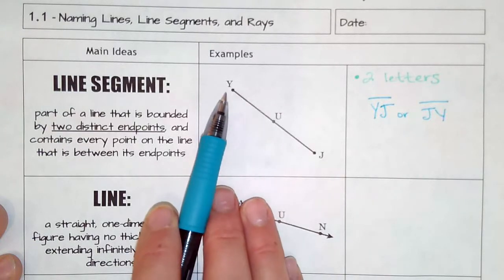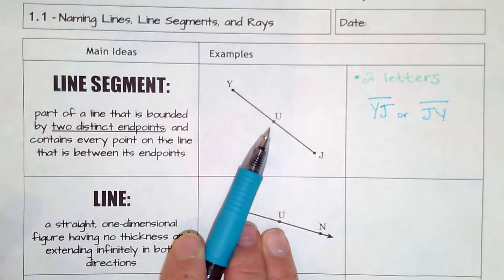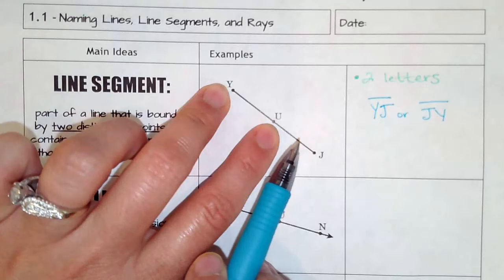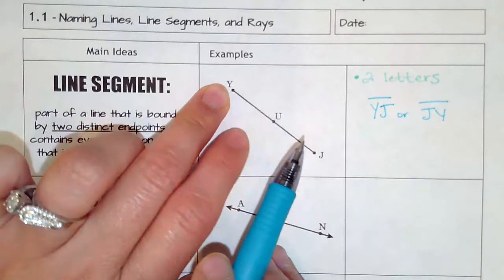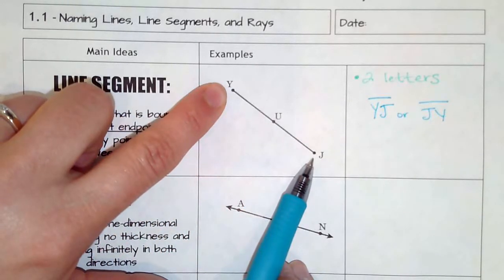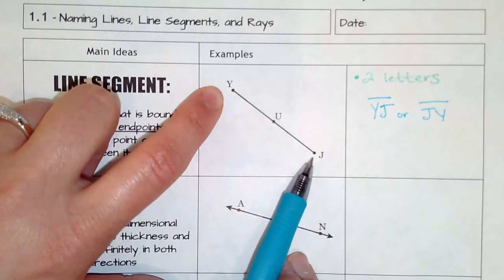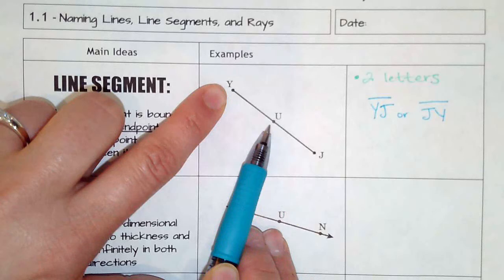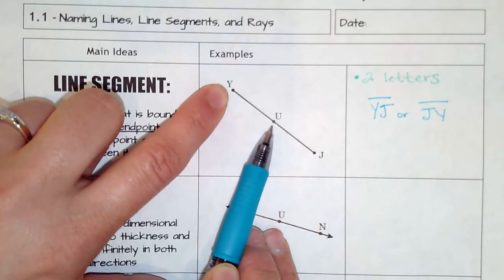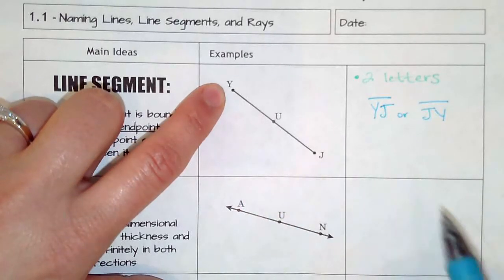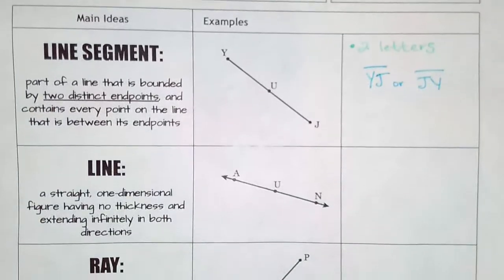You could not say YU because that would mean the segment stops from here to here. You need to give it from end to end because this line segment actually has a length. Like we could put a ruler up to it and measure it. So if we called it YU, it's no longer the same segment. Okay, so those are your only two options.